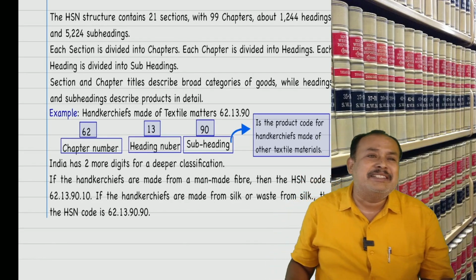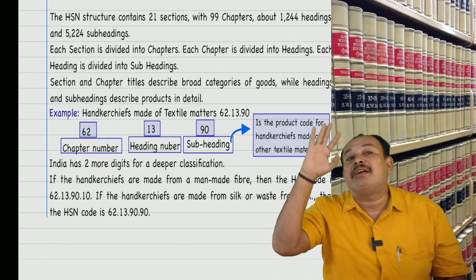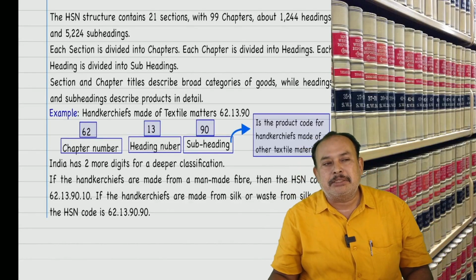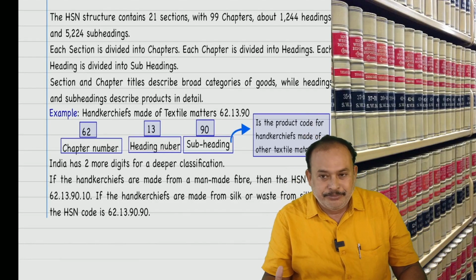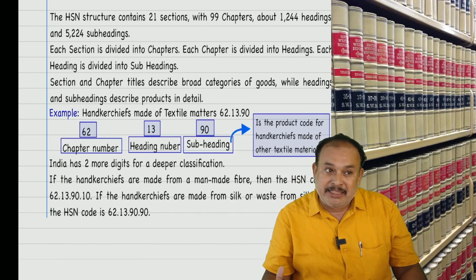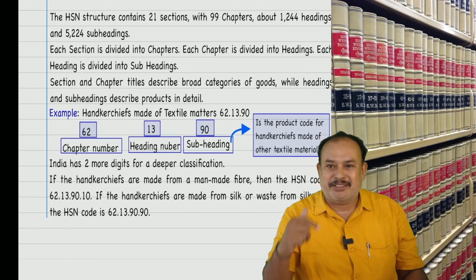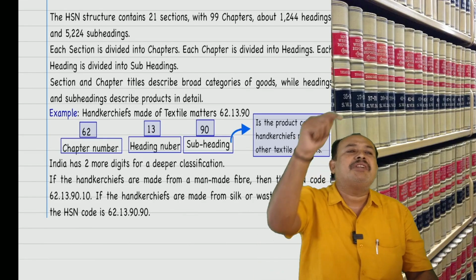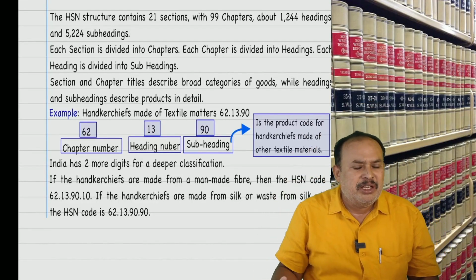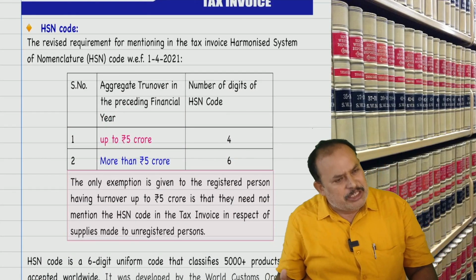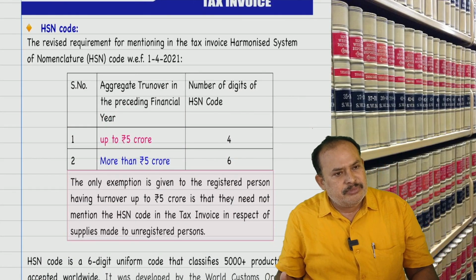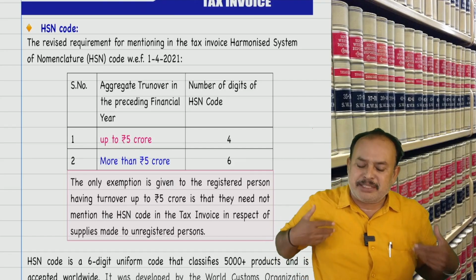From where can you get this coding, sir? Under the customs law we have the Customs Tariff Act 1975. There, these codings can be extracted. Hey Mr. Taxpayer, under GST law, does your turnover exceed 5 crores? Yes, sir. E-invoice is mandatory, sir.